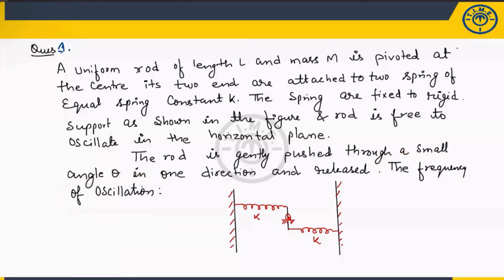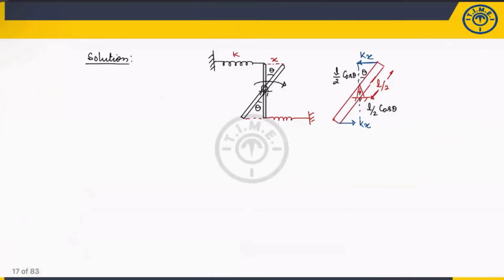How will you do it? I have discussed the first approach, you can use the force method. Now, let us suppose the initial position of this rod is here. This is the spring. Now, if you have given the initial displacement x here, what is the restoring force that will act in this direction? Kx, opposite to the motion.